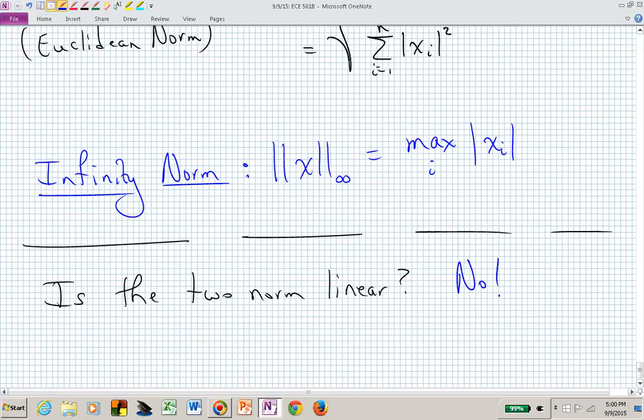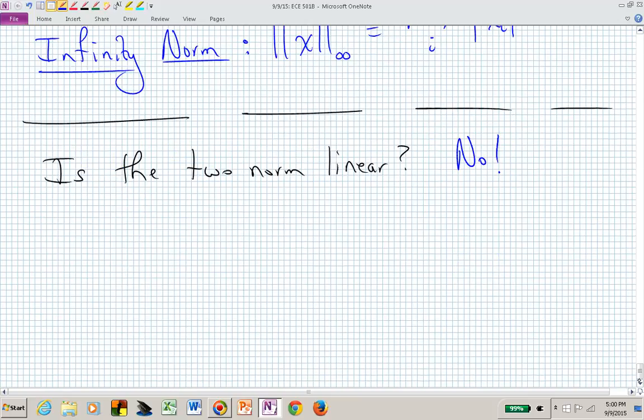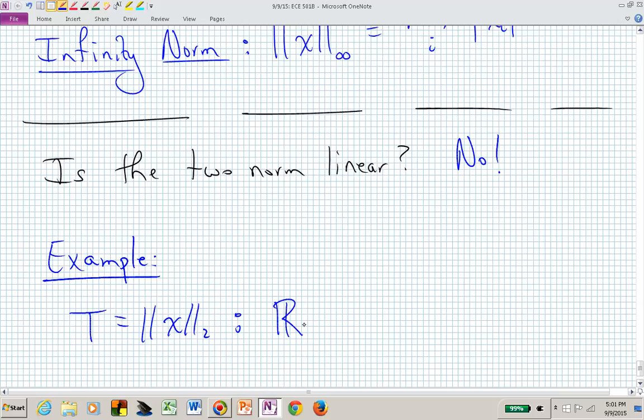Let's look at an example. What if we take T, this map that we're defining to be the 2 norm, and in order not to get confused that the 2 norm applies to the two-dimensional surface, let's look at the 2 norm in three-dimensional space.